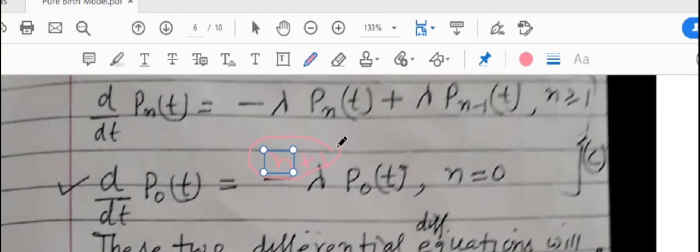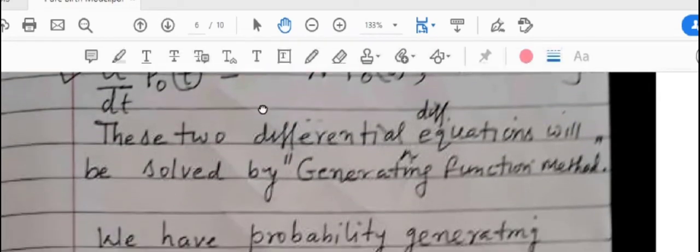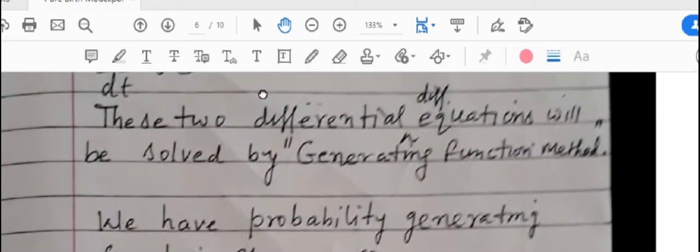Now we need to solve the total number of differential difference equations. There are two important methods for solution of this differential difference equation. The first one is the generating function method, and the second one is the iteration method. So here we are going to take the help of the generating function method.